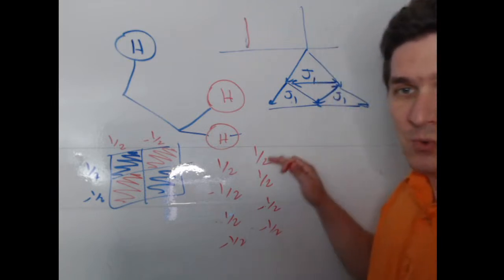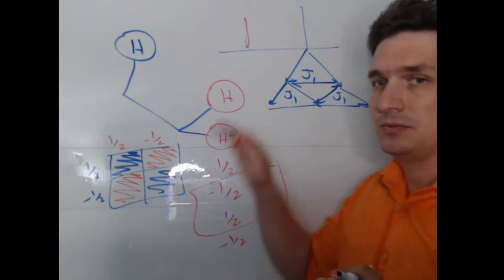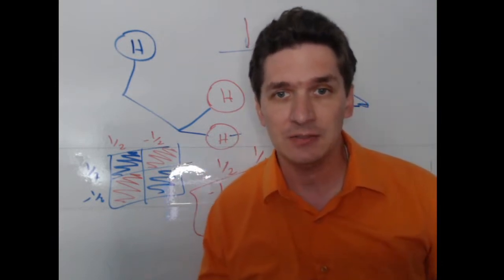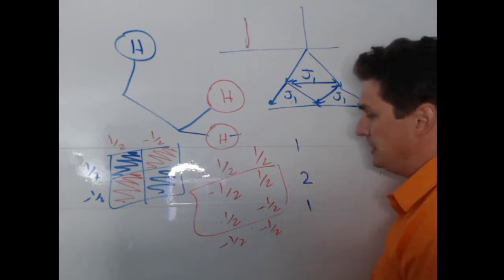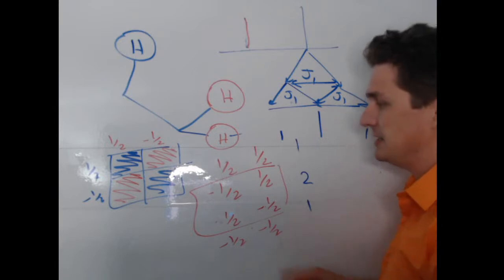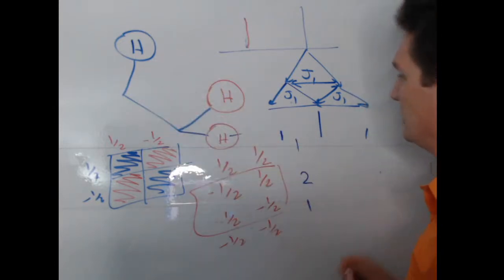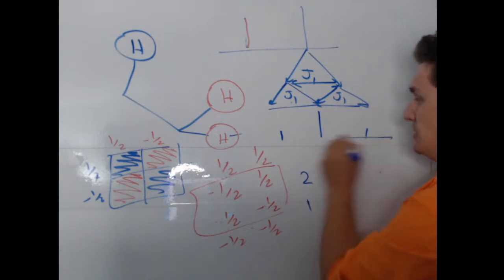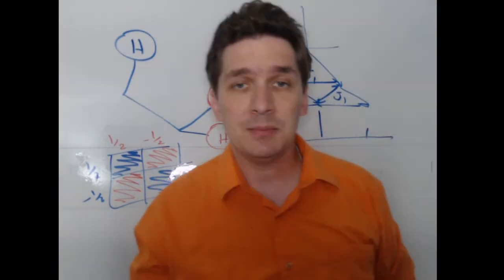So here we've got 4 possibilities. These two look the same because these two hydrogens have free rotation underneath the magnetic field. So this is our 1:2:1 ratio, and that's what we end up seeing here: there's a chance that both are in phase with the hydrogen, both are out of phase with the hydrogen, and then only one of them is in phase with the hydrogen. So we get some subsequent splitting and further splitting. So this is where J coupling comes from.